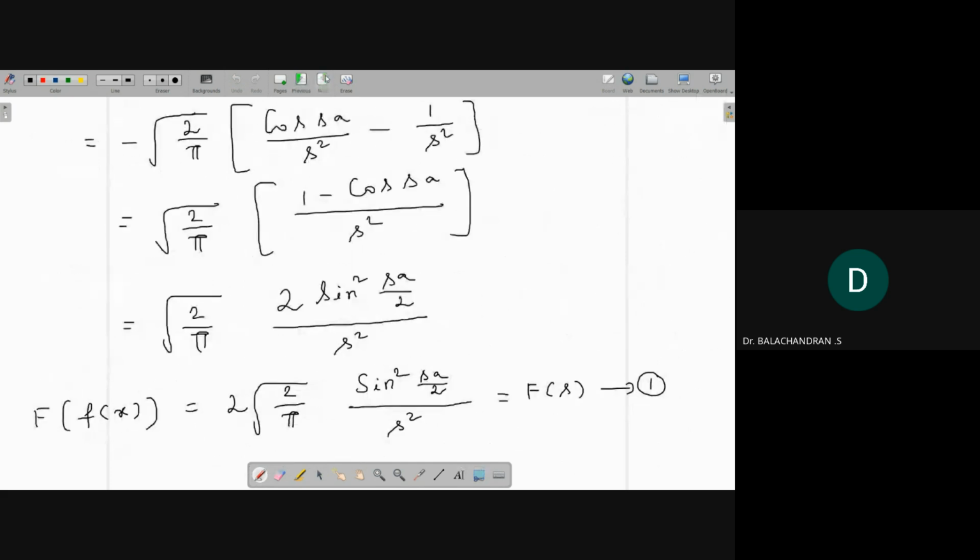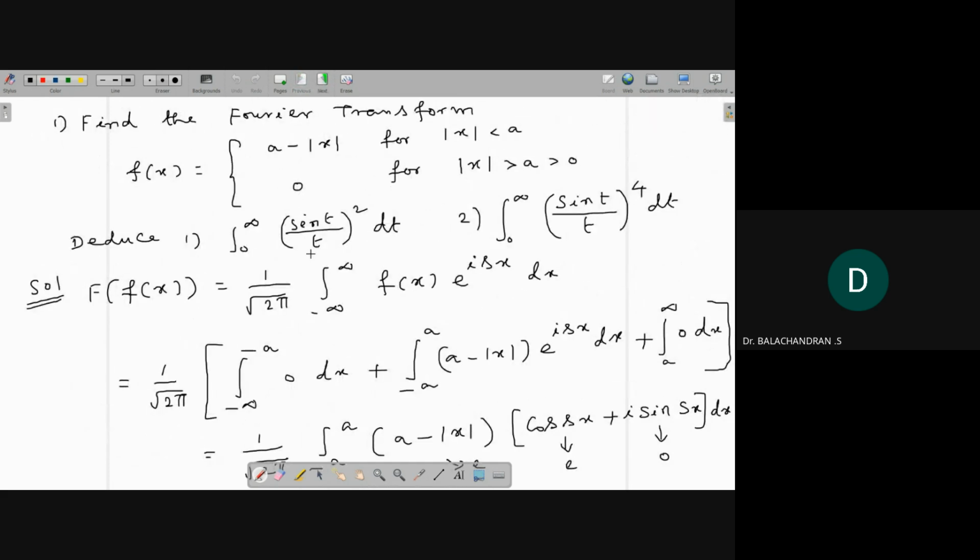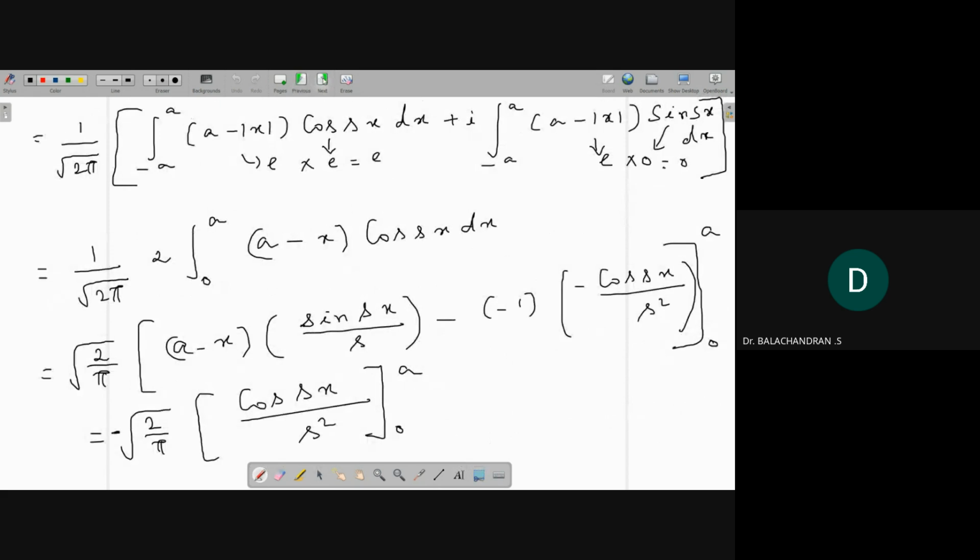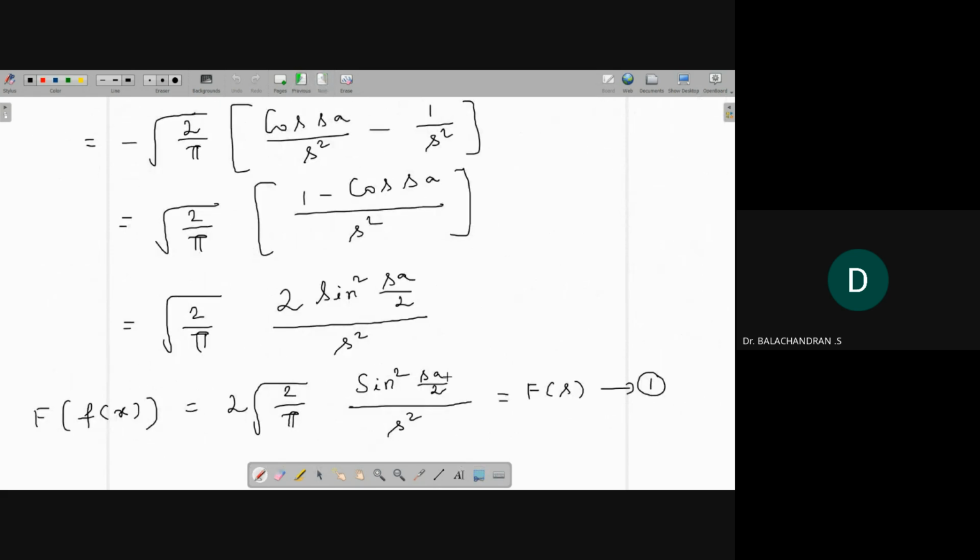So look at this term. Here also you have the same expression as in the reduction part: the sin t by t whole square. Here also, sin sa by 2s whole square. So that's why we should apply the inversion formula to reduce the first part.